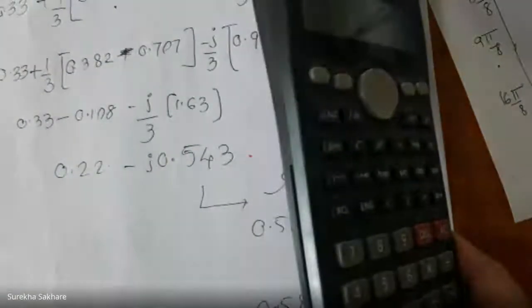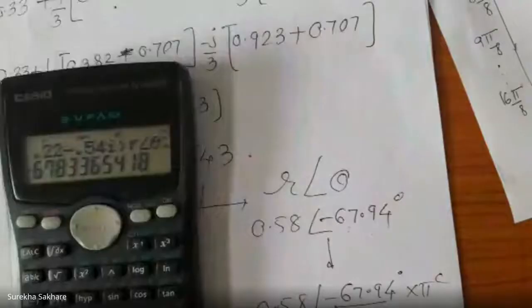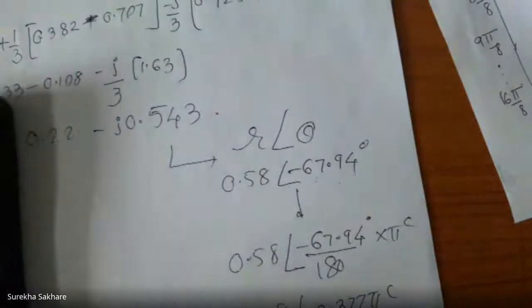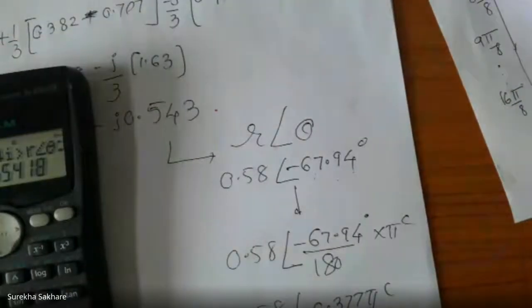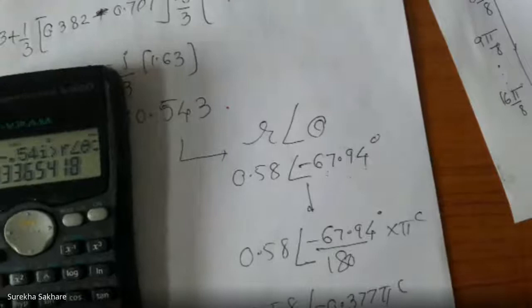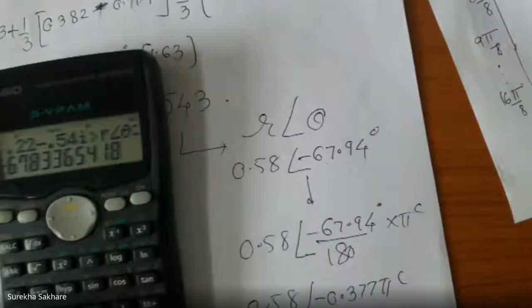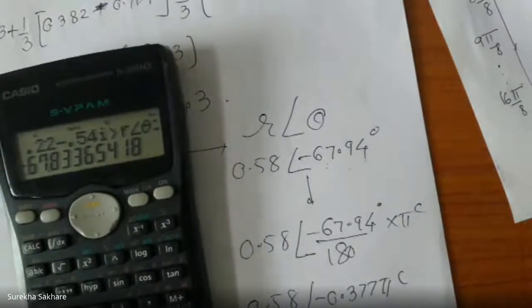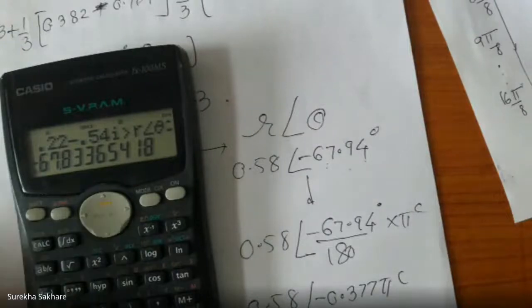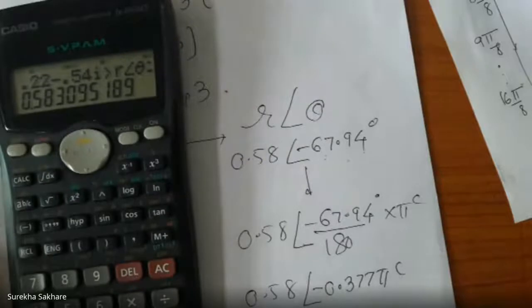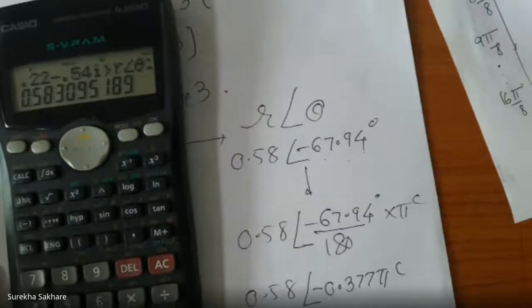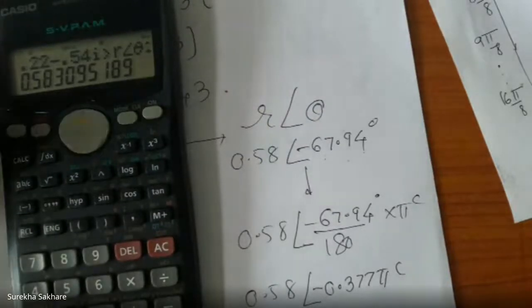Am I getting the same one? Just check. Yes. You can see it as 0.58 and minus 67.4. Is it now? So if I again go for the shift and answer, you can get it. Again shift and you get the same value.